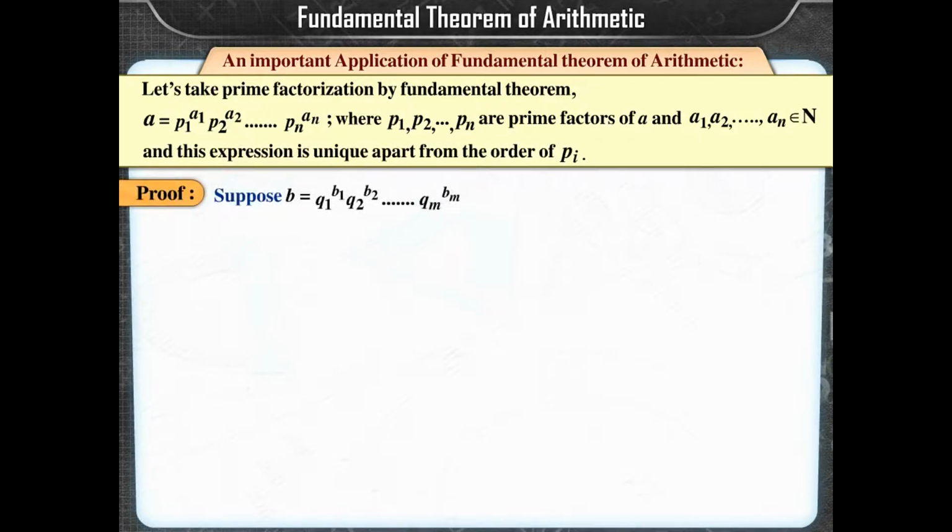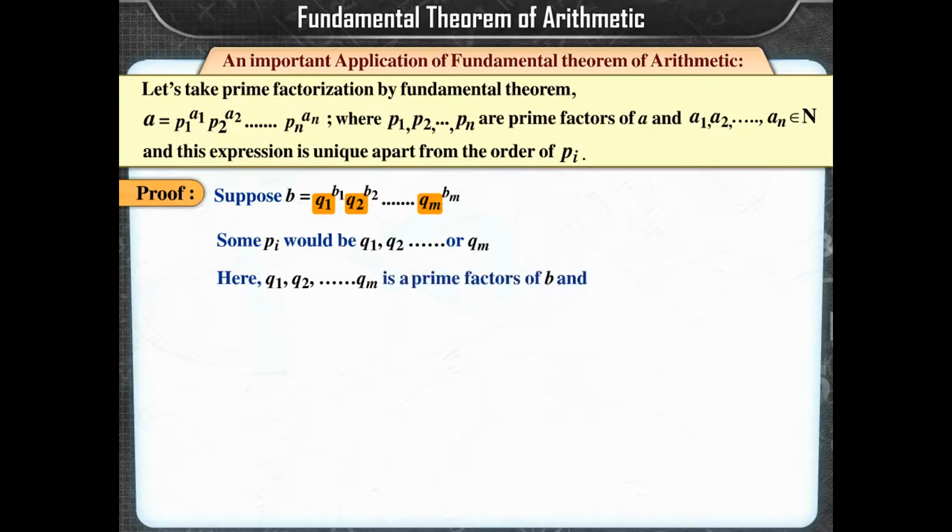Suppose B is equal to q1^b1 × q2^b2 up to qm^bm. Some pi would be among q1, q2, up to qm. Here q1, q2, up to qm are prime factors of B, and b1, b2 up to bm belong to the natural numbers.